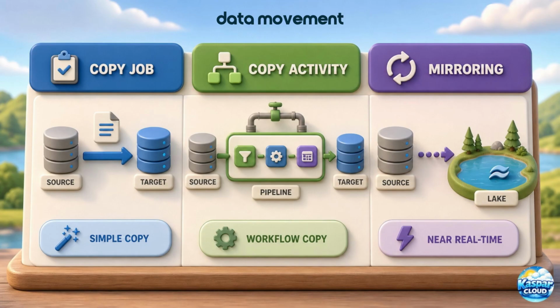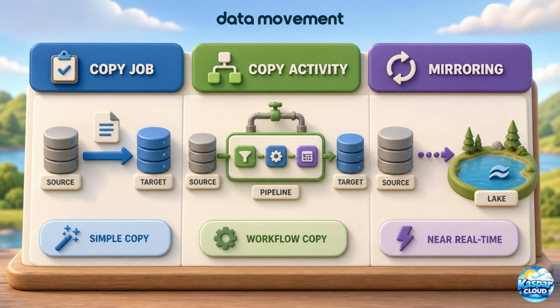The second major capability of Microsoft Fabric Data Factory is data movement. Fabric Data Factory provides multiple movement patterns, including copy job, copy activity in pipelines, and mirroring. Copy job offers a simplified guided experience for common full, incremental, and change data capture scenarios when supported by the source.